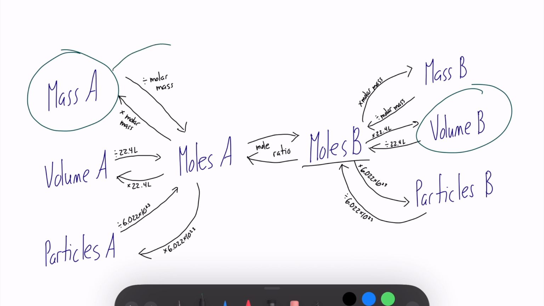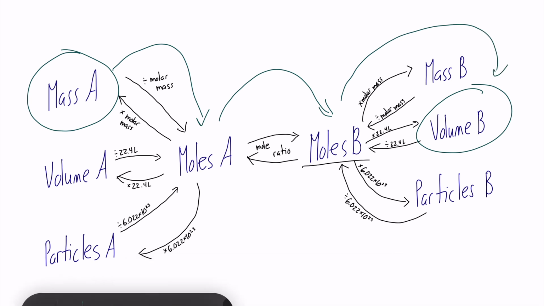So we have 1, 2, 3 steps to complete before we can find volume of hydrogen. If you need to pause the video and read what steps we're going to be taking, you can go ahead and do that, but we will begin.